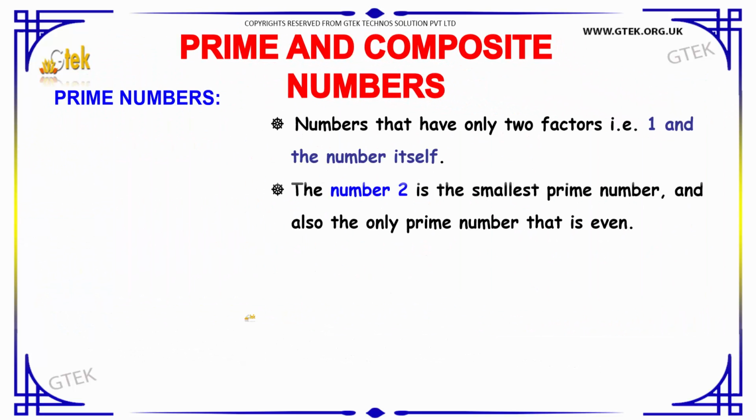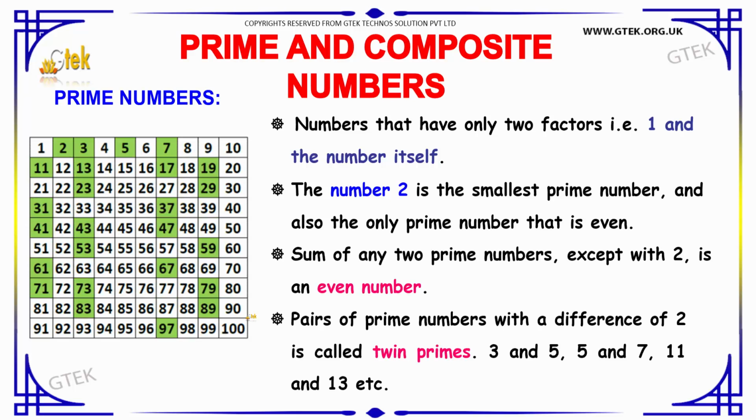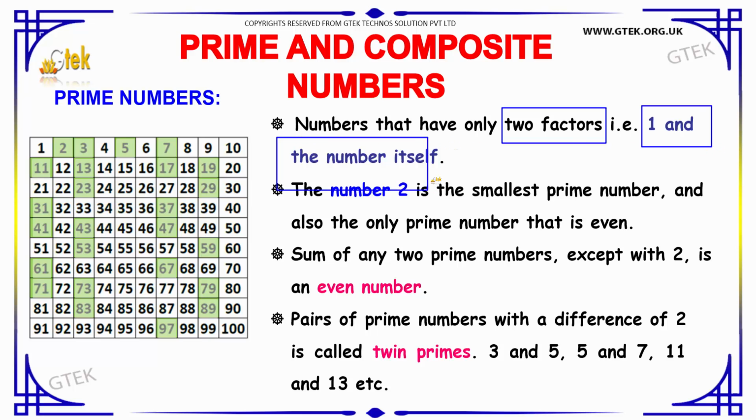Next we are going to discuss about prime and composite numbers. Prime numbers are the numbers that have only two factors, and they are 1 and the number itself. For an example, if we take 5, 5 has the factor as 1 and itself.